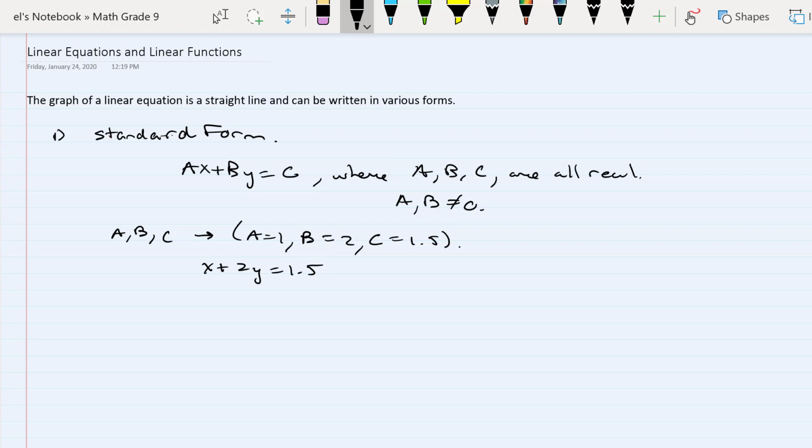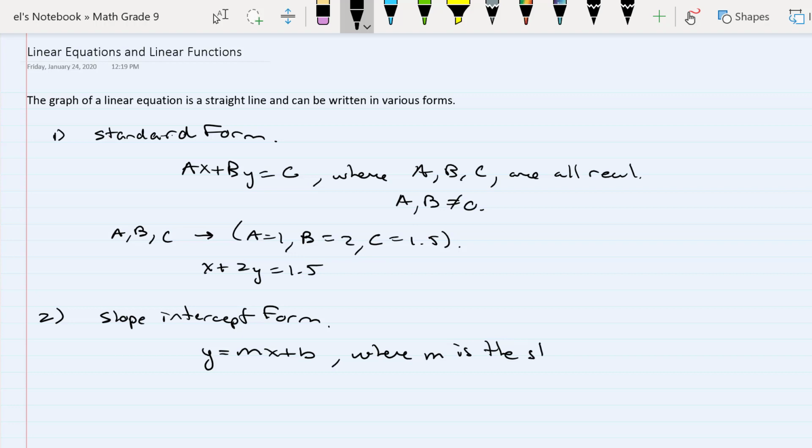The second form, and most common form, is the slope-intercept form. And that can be written as y equals mx plus b, where m is the slope and b is the intercept.